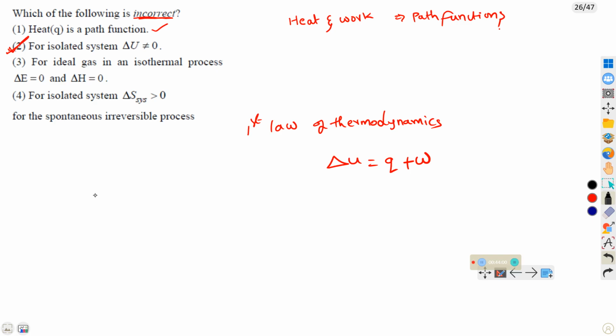An isolated system means a thermodynamic system that cannot exchange matter or energy with the surroundings. That is called an isolated system. For isolated system, Q value is 0 and W value is 0. Substitute, then the delta U value is equal to 0.